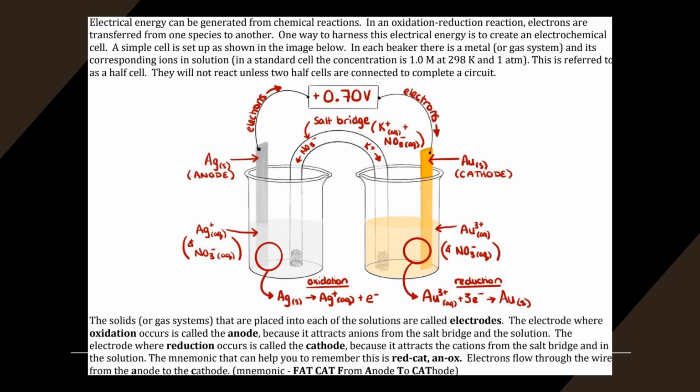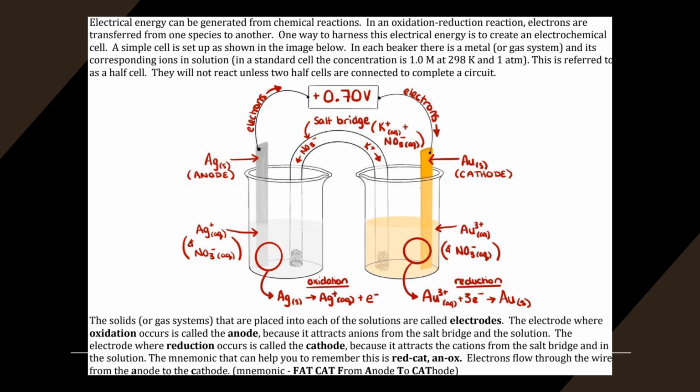So in your half cell, or in a beaker, there's a metal or some kind of gas system, and it has some corresponding ions in solution. You'll notice that on the left side, the anode, you have silver metal in a solution of silver nitrate, which contains silver ions.